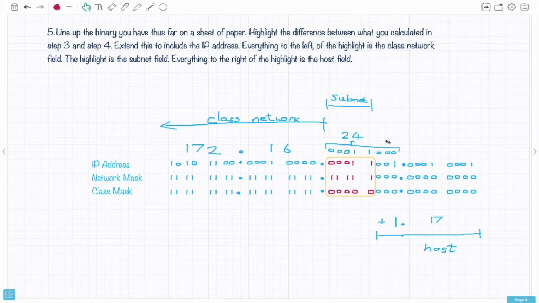So the class network is 172.16, the subnet is 24, and the host gets a bit weird now. I use a format like this: the host is +1.17, because you have to add the 1 onto the 24, so the host is 25.17, but 24 identifies the subnet, remember. So I've used the plus here to identify that you add this value onto the 24 to complete the host.